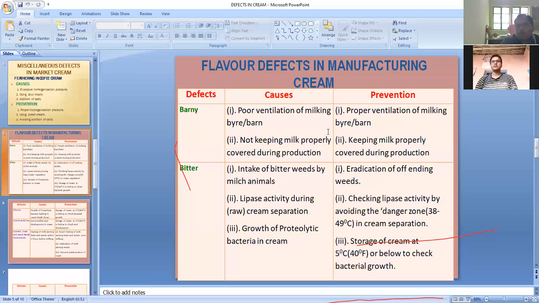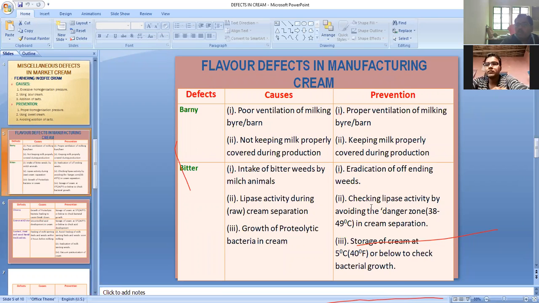So how can we control this one? It must be ensured by the farmer that the dairy animals are not given any weeds in their diet, in their ration, so that we can actually check the bitter defect in the cream.